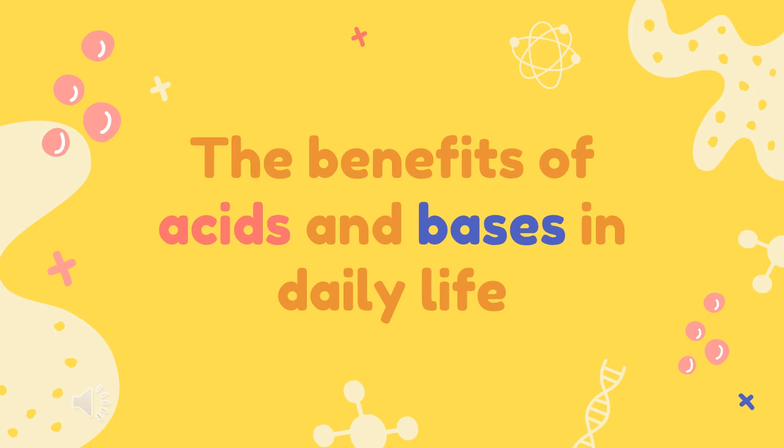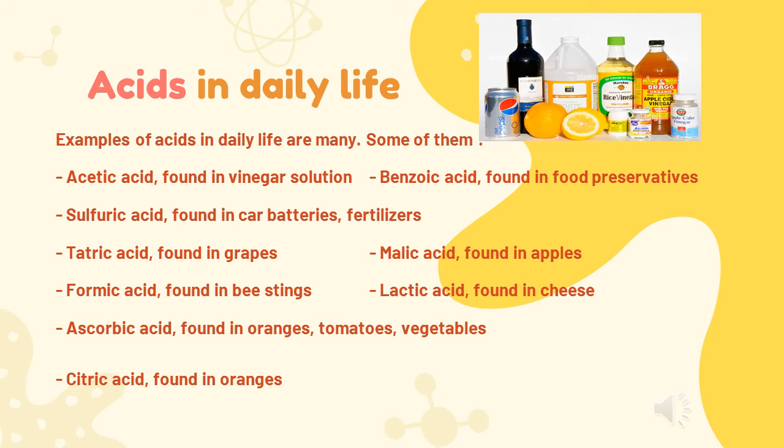Okay, for the next, we will talk about the benefits of acid and base in daily life. Do you know what is included as acid in daily life? Examples of acid in daily life are so many.